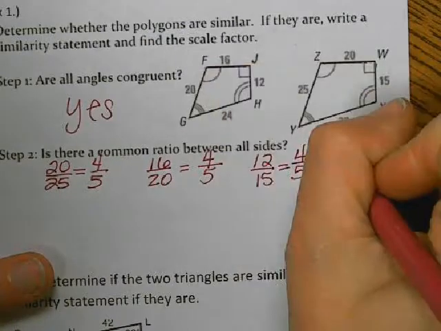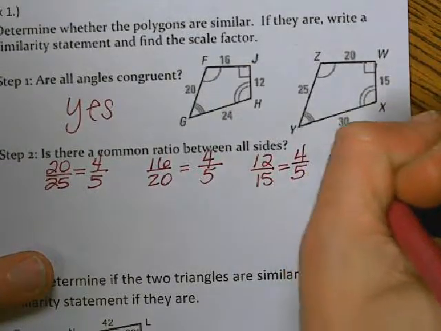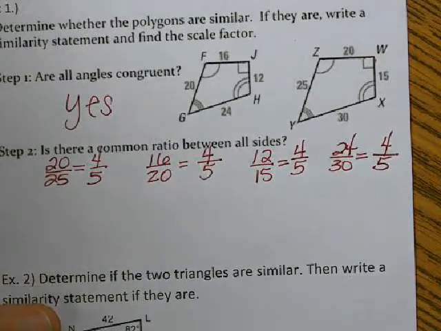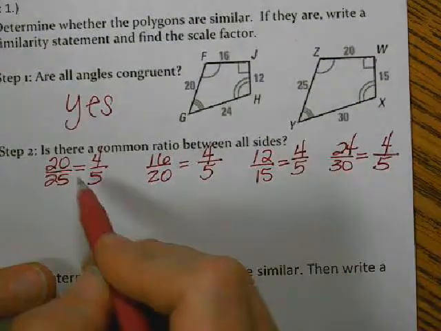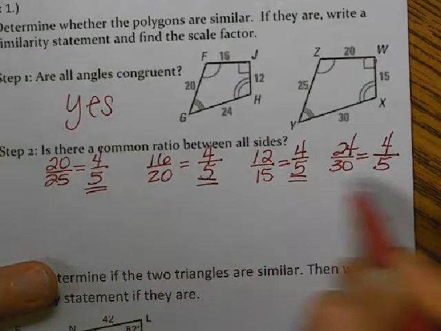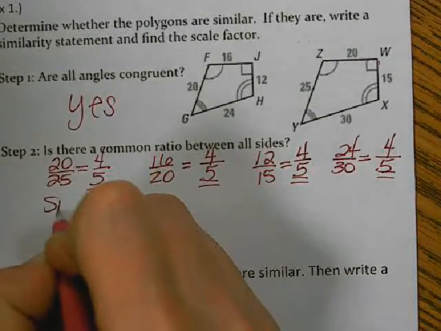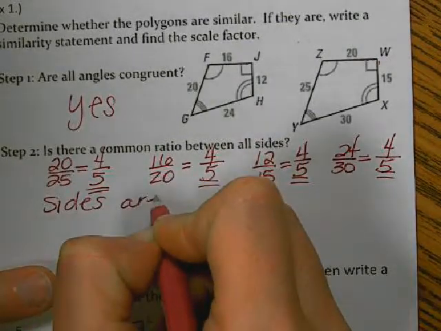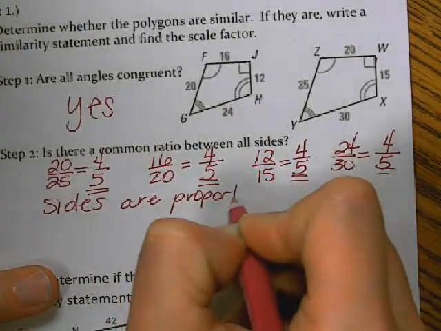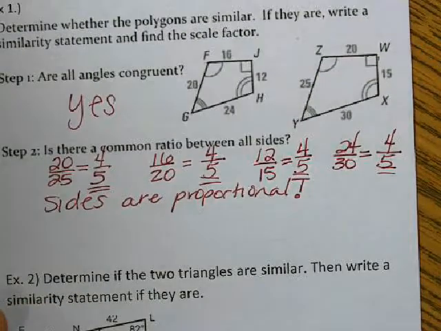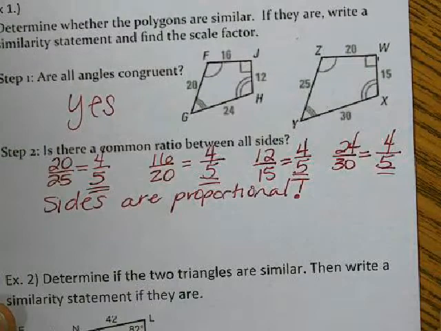Alright, the last one, 24 over 30. If I divide both of these by 6, I get 4 over 5. So, because the ratio is the same for every single one, we can say that the sides are proportional. So therefore, it says write a similarity statement.